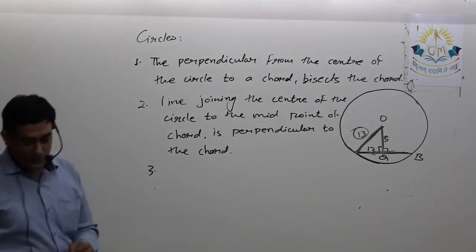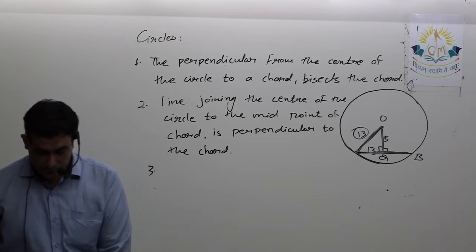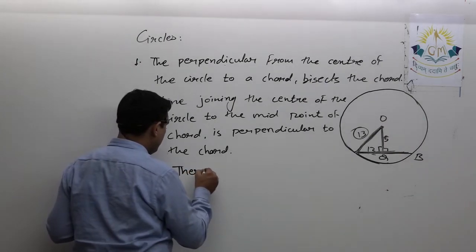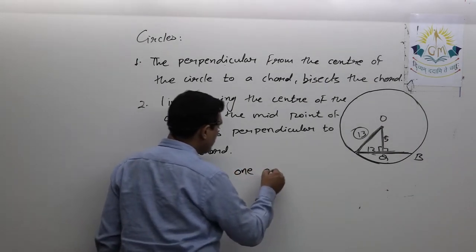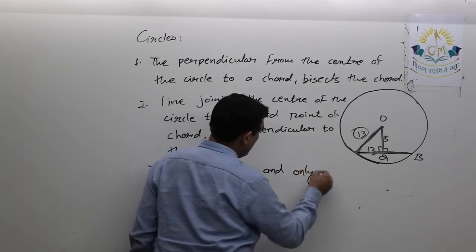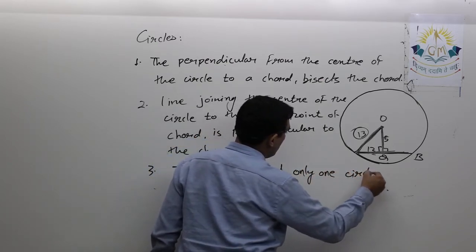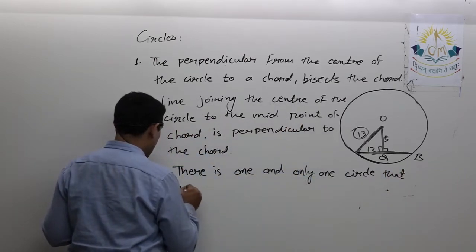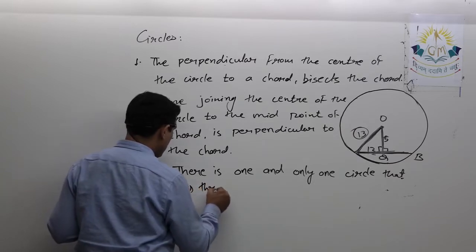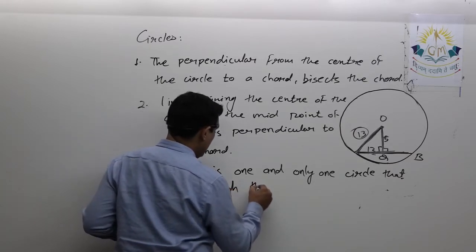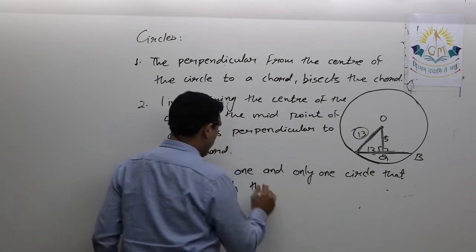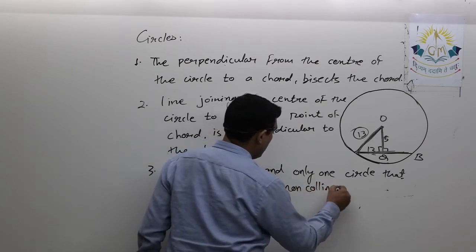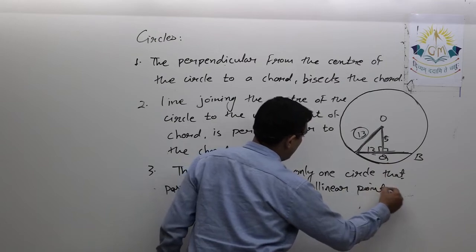Now next, there is one and only one circle that passes through three non-collinear points.